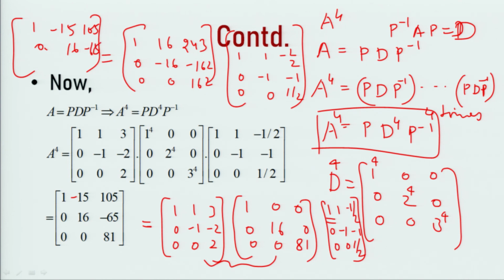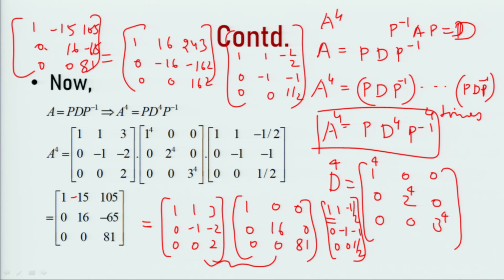Now, multiply the third row: 0 0 into the first column gives 0, into the second column gives 0, and in the last column 162 by 2 means 81.